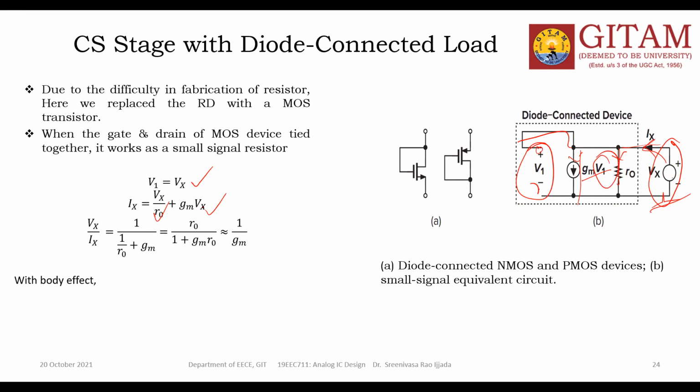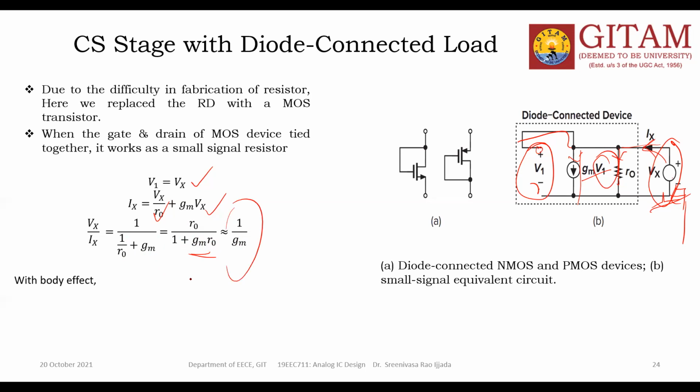Then take the common Vx. Then Vx by Ix is the resistance seen from this side, equal to 1 by (1 by R0 plus gm). So that is equal to R0 by (1 plus gm into R0). Approximately, because gm value is high, I can neglect this 1. So then R0 by gm R0 is 1 by gm.